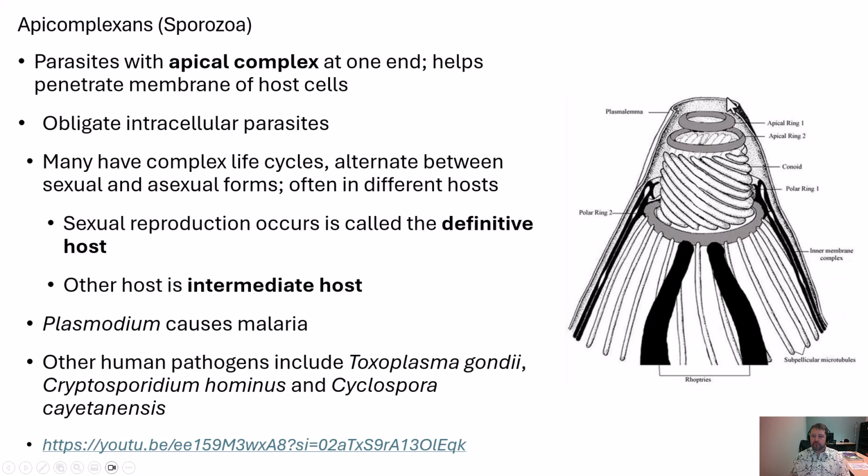But at any rate, the sporozoa have a definitive host and an intermediate host. And a lot of these other pathogens are the same deal. We often call them human pathogens, but I don't want you to think of them as just human pathogens, because the intermediate hosts can often also be a definitive host, especially with things like Cryptosporidium.